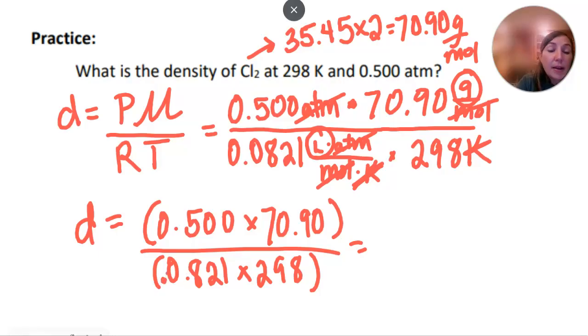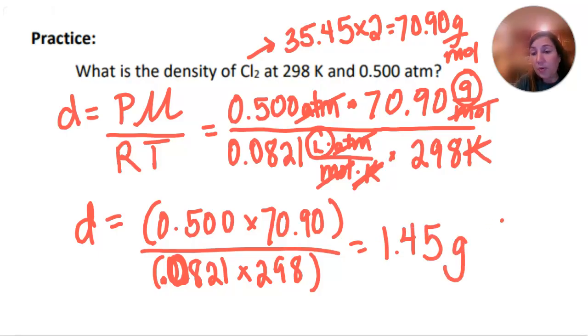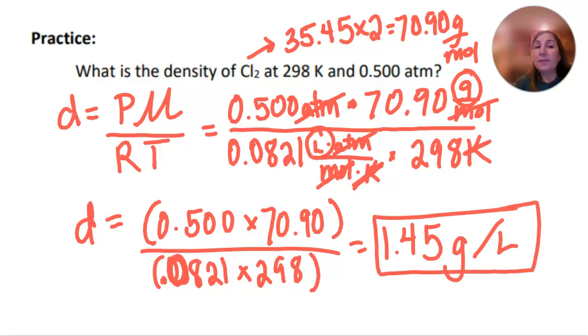Boy, I forgot a zero, so let's do that. 0.0821. Don't want to screw up R, the gas constant. So 0.0821 times 298 for that denominator. Good thing I was saying it out loud so I could get that corrected. Okay, I've got a density of 1.45 grams per liter when I calculate that.